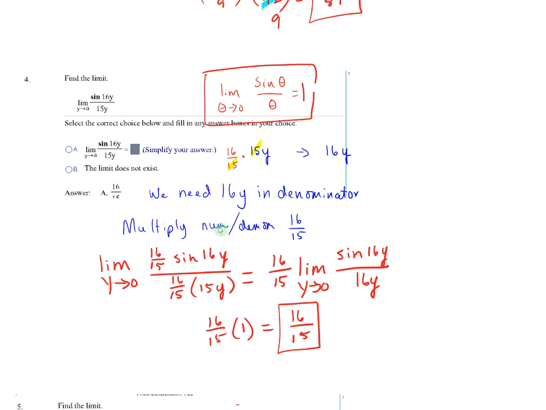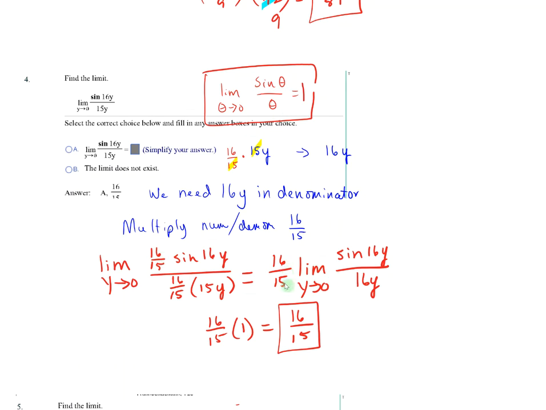You're going to multiply both the numerator and the denominator by 16 over 15. So we do that here and here. And when you do it down here, you end up with 16y. And up here, you still have a 16/15. We can take this constant and pull it out to the outside of the limit.